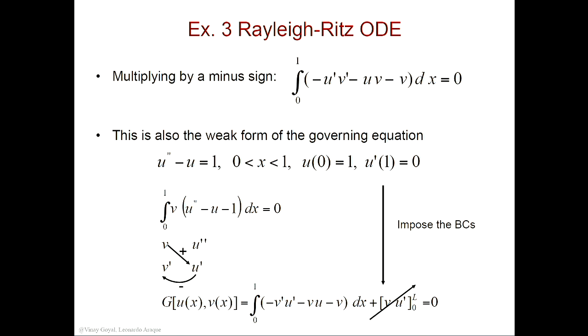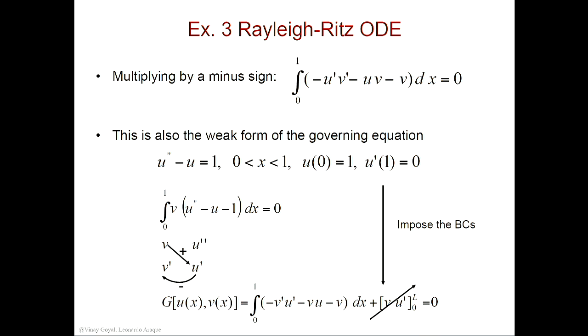So I formed the residual, brought this to the other side, made that orthogonal to the weight function, integrated it from 0 to 1, weakened the continuity requirements, and I get the weak form. And you can see here, if I impose the boundary conditions, which are the essential boundary conditions, this goes away, like last week. I don't want to repeat what I did last week. And if I implicitly satisfy this natural boundary condition, I get that.